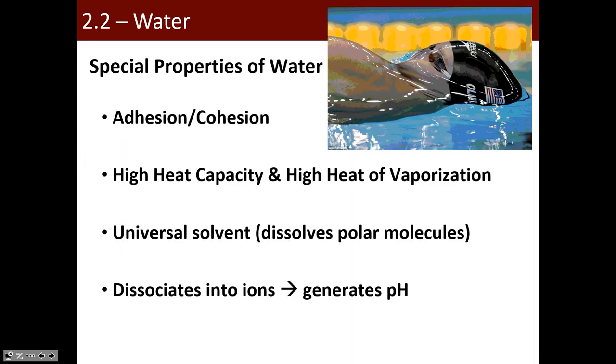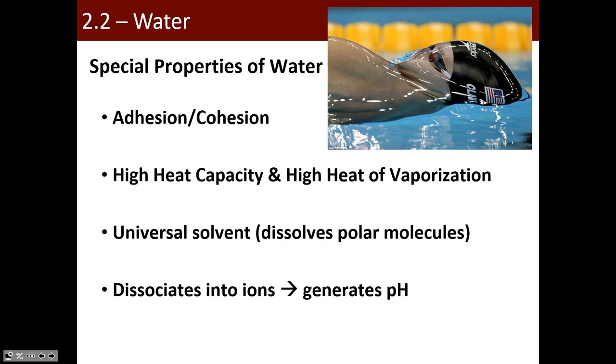Okay. So when we think about water, we're going to talk about water having some special properties. The first of those are adhesion and cohesion, a direct result of water's hydrogen bonding. Okay. High heat capacity and high heat of evaporation. We're going to talk about what that means.